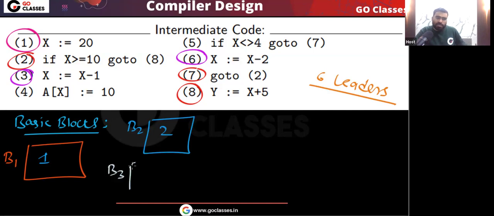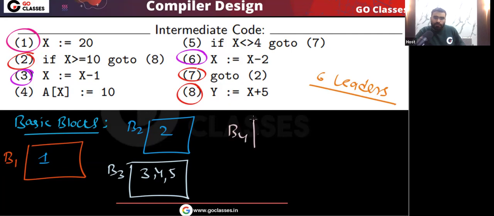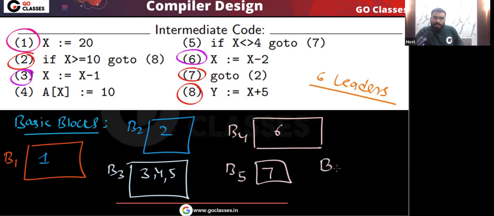In the next basic block, there will be 3, 4, 5. Go from leader to leader, and don't include the next leader. So B4, then B5 will contain 7, and then B6 will contain 8. Is this clear? So these are your basic blocks.